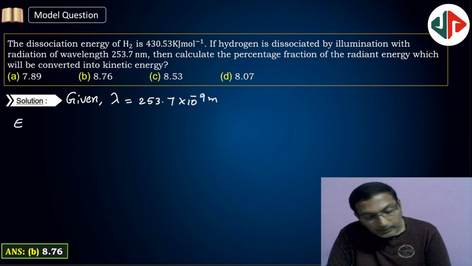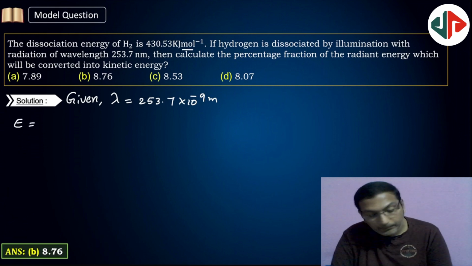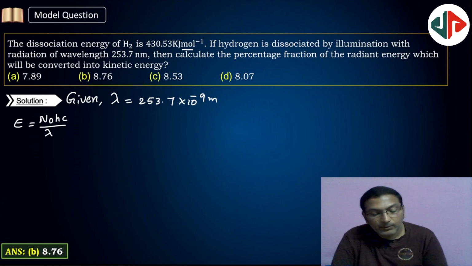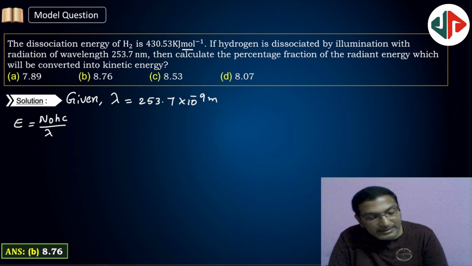Next, energy here is given per mole. Calculate for mole. N0 into hc by lambda. Energy for 1 mole of hydrogen atoms. N0 is Avogadro's number.